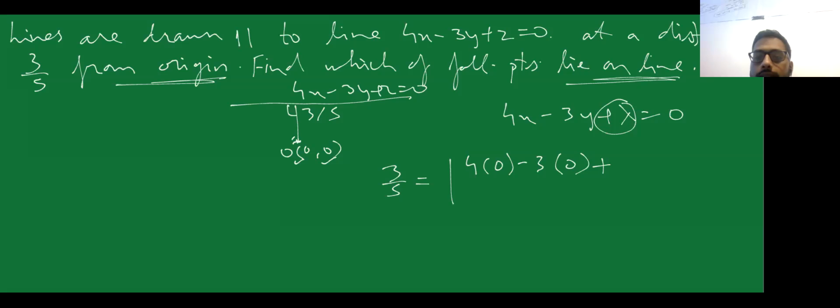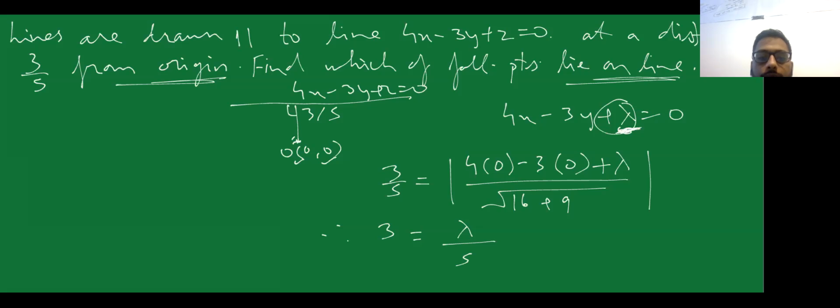I want all the lines, so I'm going to assume c to be lambda, under root of a square plus b square, 4 square 16 plus 3 square 9. Simplify this. 3 is equal to lambda upon under root 25. So it would be 5 over here, so that this and this cancels out. Therefore, I can say lambda is equal to plus or minus 3.